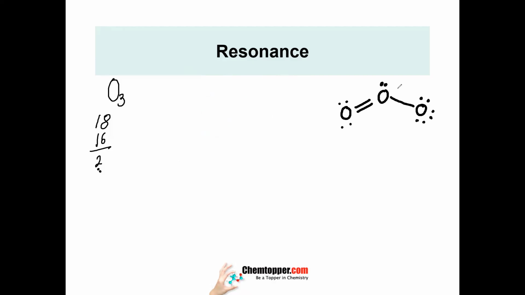Veer, can you check the formal charges on these oxygens? What's the formal charge on oxygen 1? This oxygen? Formal charge, children? No, Veer, you are wrong. Formal charge is the valence electrons minus number of bonds minus 2 times lone pairs. Yeah, it is 0.